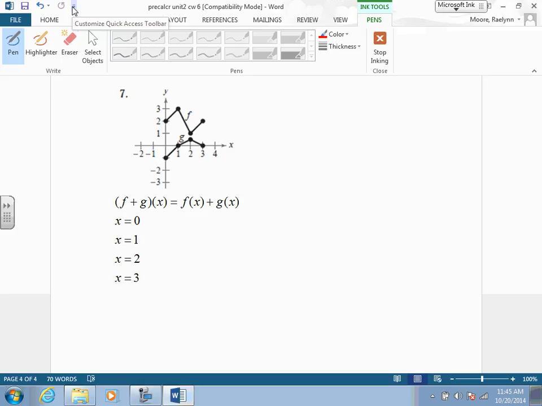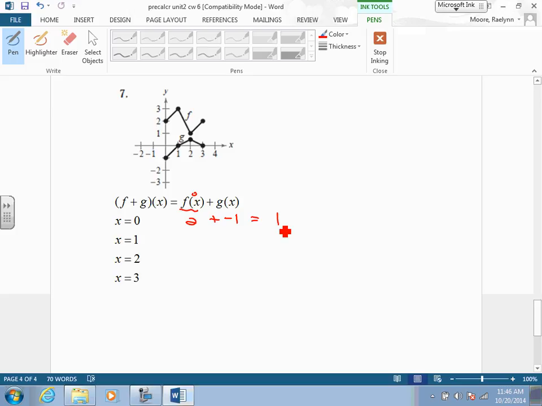So if I'm looking at my f of x when x is 0, what's my y value when x is 0? 2. In the g, that's the bottom equation, what's my y value when x is 0? -1. And now I just have to add them. 1.